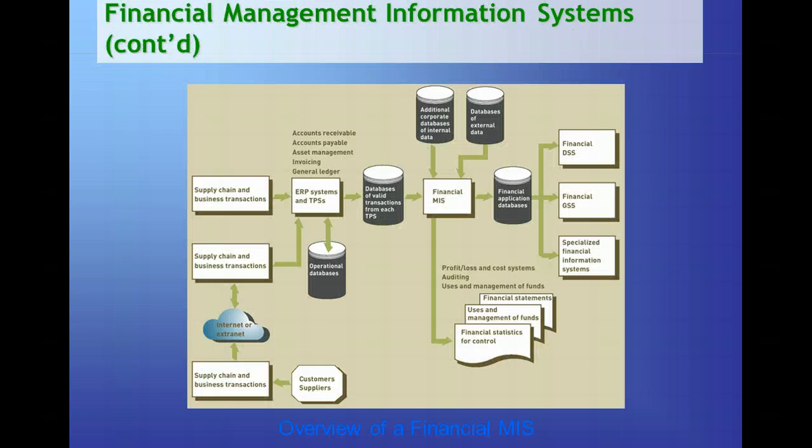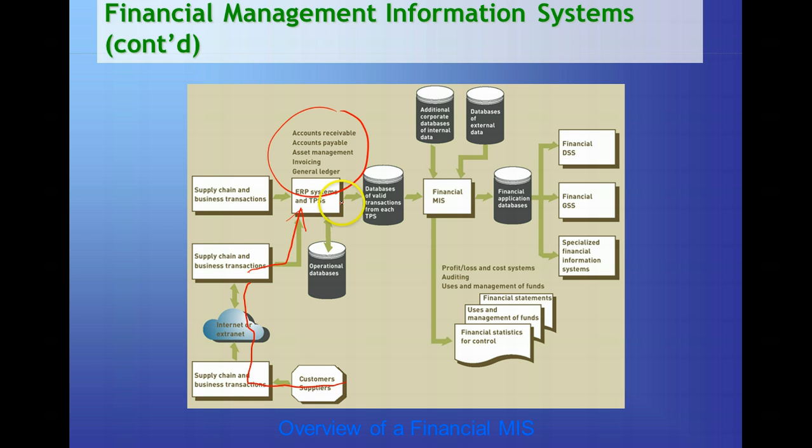Previously we have gone through from customers to suppliers, to transactions, and then transactions being captured via our transaction processing system and ERP systems. Then we have various transactions like accounts receivable, accounts payable, asset management, invoicing, and from the general ledger.